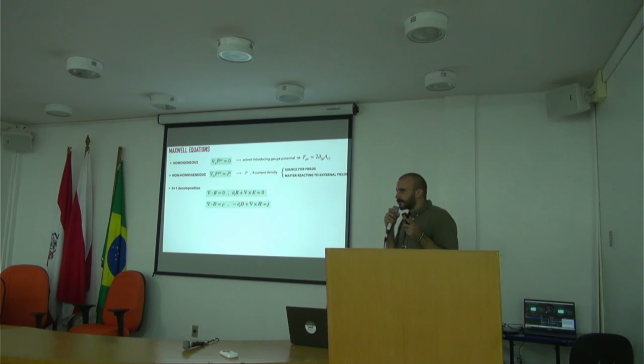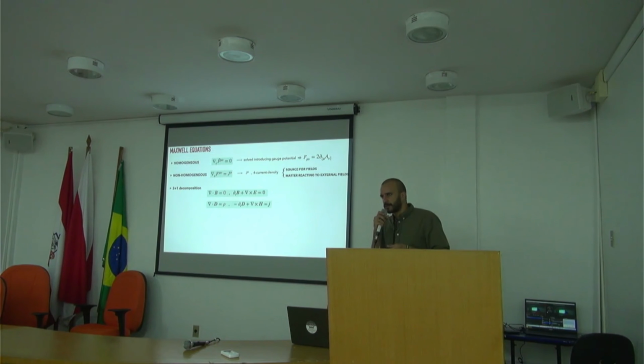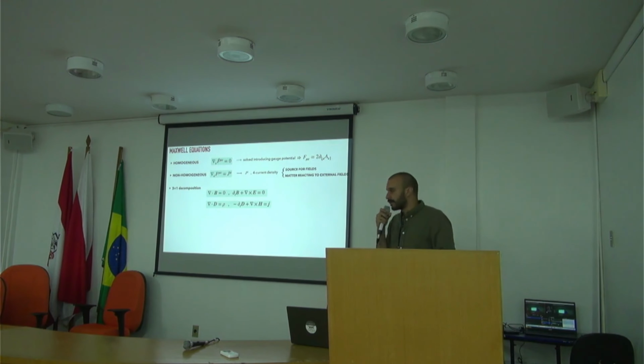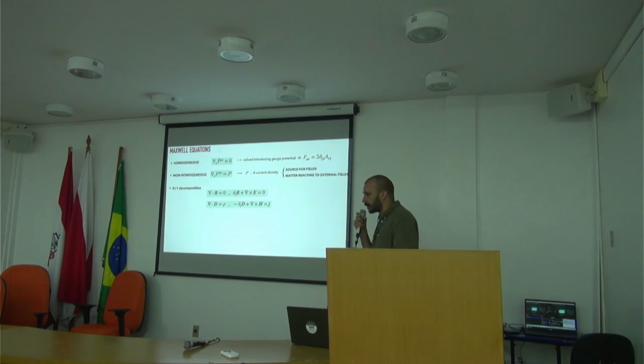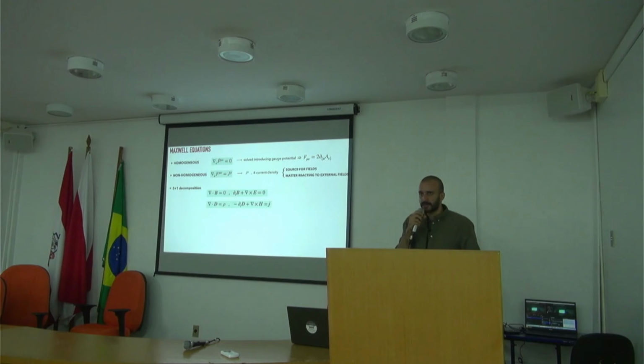If we want to adopt the 3+1 decomposition that I mentioned before, it is possible to do this, and the Maxwell equation takes a very familiar form. So these are basically the Maxwell's equations which we used to see in our classical electrodynamics class.